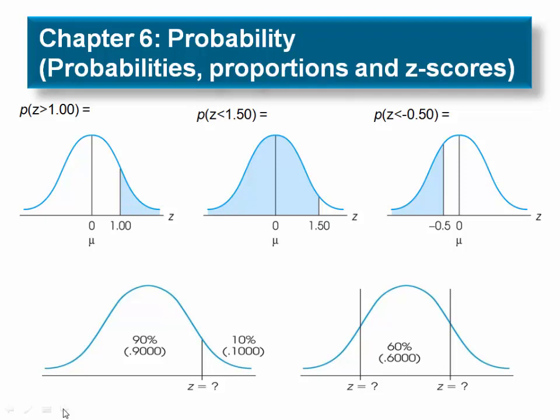So the closest value to 0.3000 is 0.2995, and it is associated with z equals 0.84. Thus, the lower and upper z-score boundaries that frame the middle 60% are plus and minus 0.84.